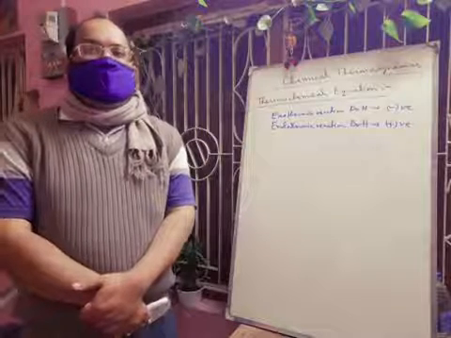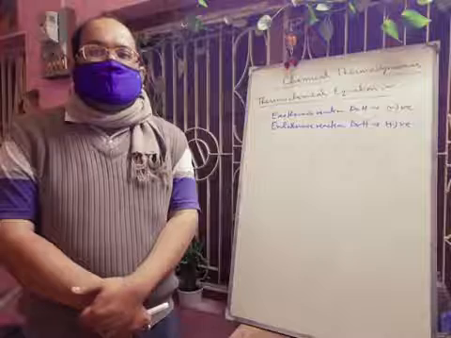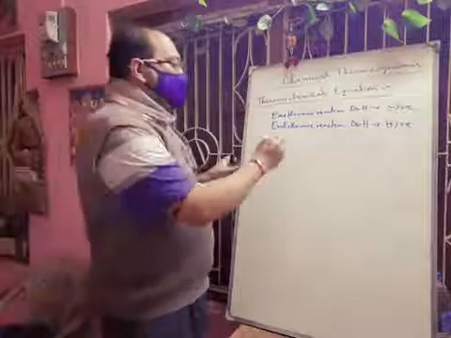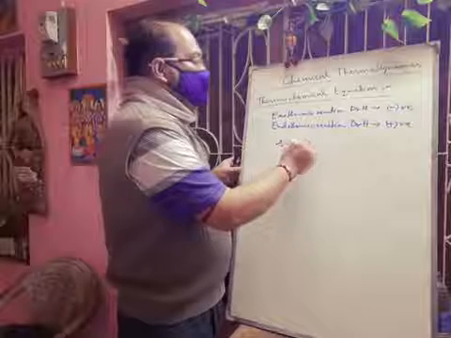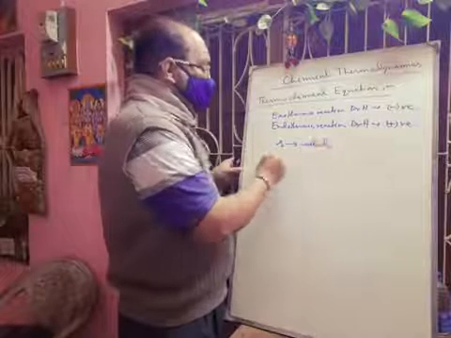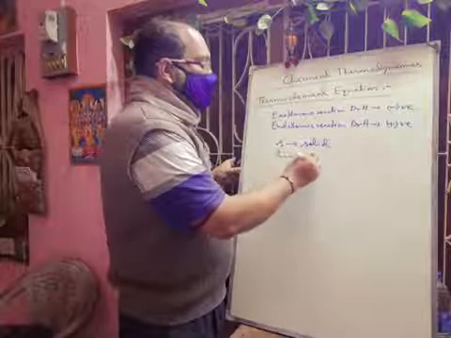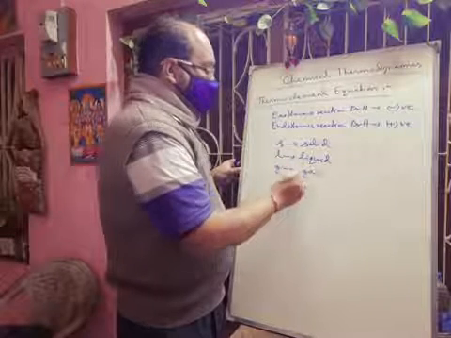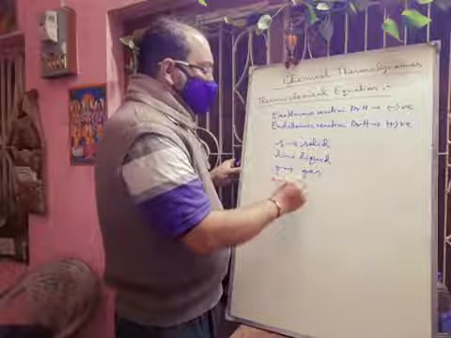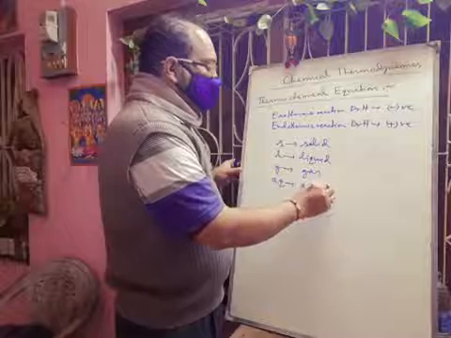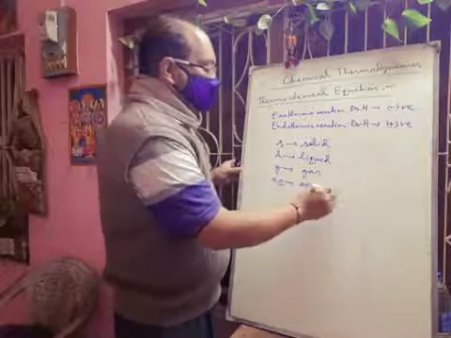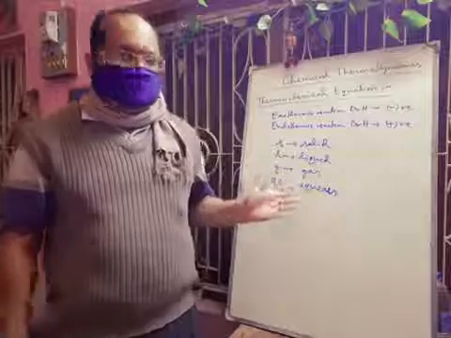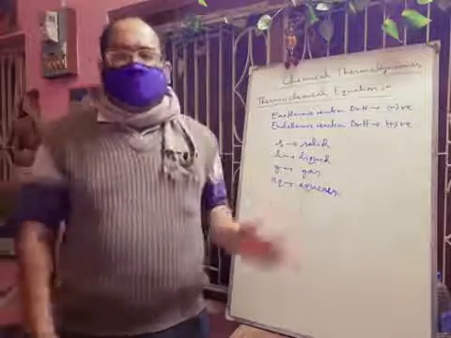The physical state of a substance is indicated with the help of different designations. S indicates solid, L is liquid, G is gas, and AQ means aqueous solution.